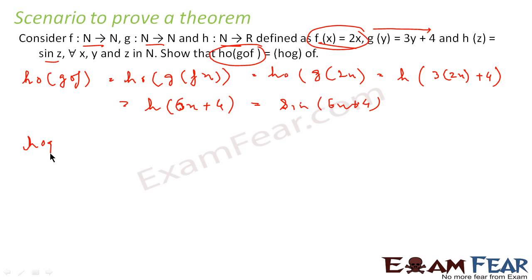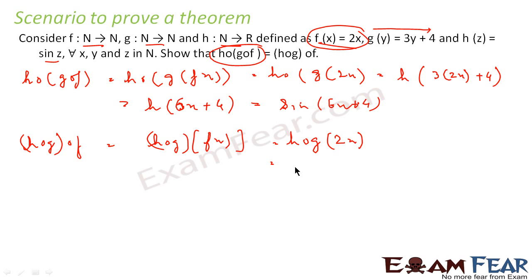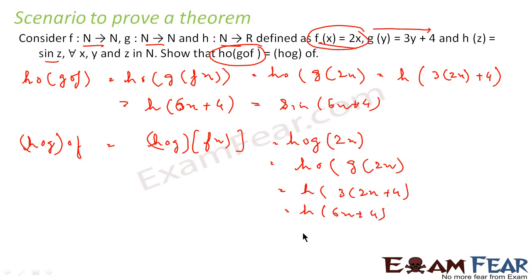Now let me find the other one. This is nothing but h of g of f(x), which is h of g of 2x, and that is h of 3 into 2x plus 4, that is h of 6x plus 4, and this becomes sine of 6x plus 4.